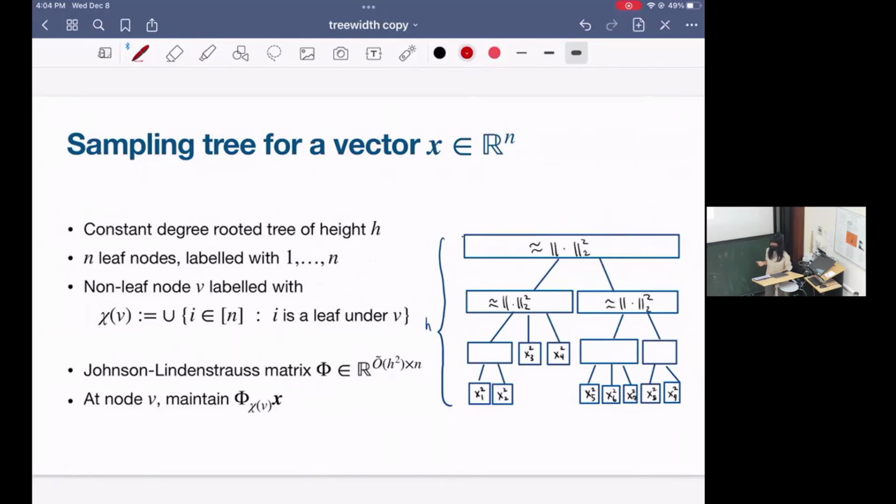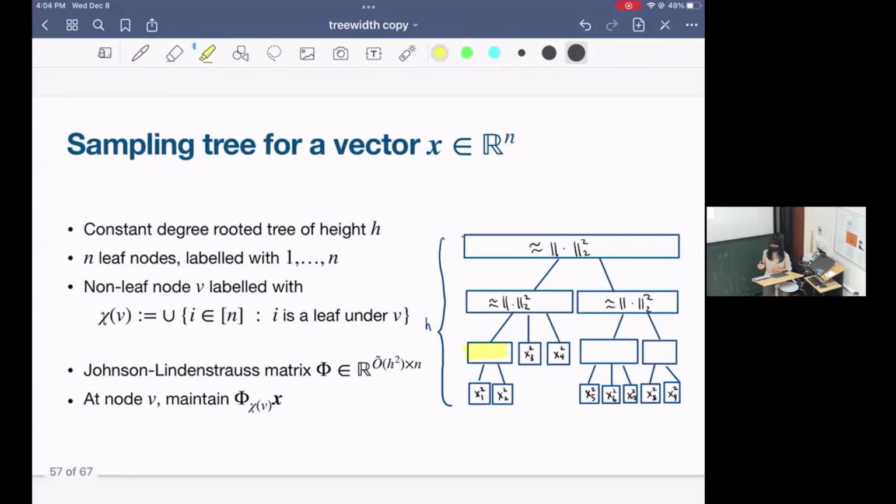What this accomplishes is that at the top node, we have an approximation to the two norm squared of the entire vector, and at every node that is not a leaf, we have an approximation to the two norm squared of the subvector at this node. And at every leaf node, we just have the entry squared.